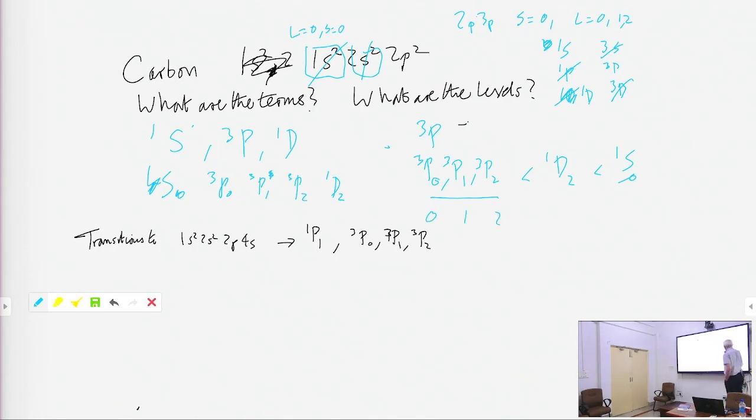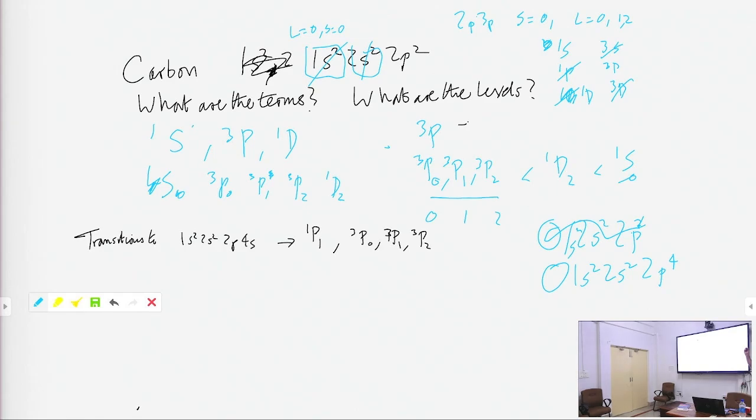If you do oxygen, which is 1s squared, 2s squared, 2p to the 4th, it's exactly the same as carbon, and you get it the same not by doing 4 electrons, because that's a pain. You get it the same by doing 2 holes.